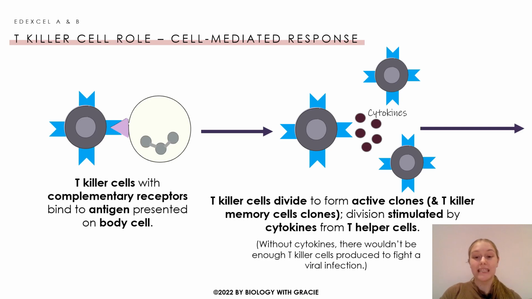And the reason that these cytokines are really important is that there wouldn't be enough T killer cells produced to fight that viral infection. So it's really important that those cytokines are produced by those T helper cells, so that they can stimulate those T killer cells to divide, so that more are produced, so that they can kill more of those infectious particles.